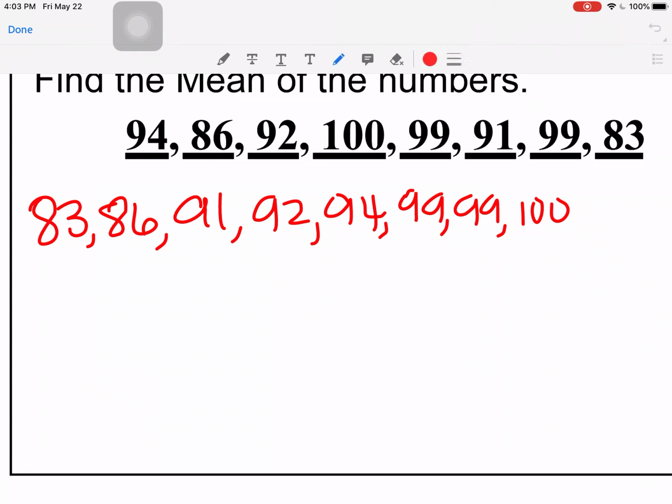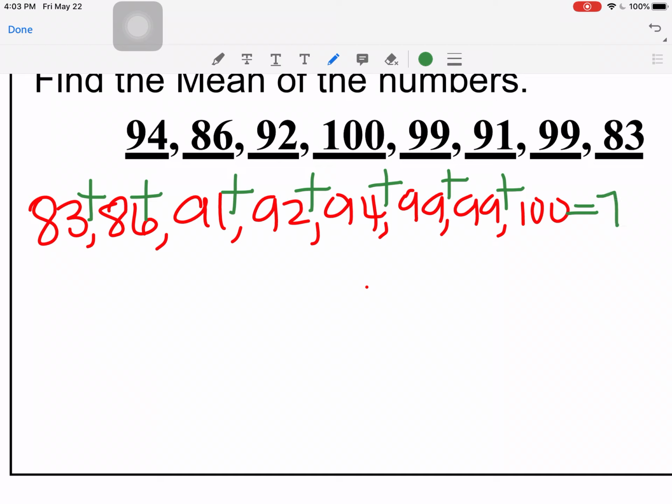All right, so then we're going to add all the numbers together. And when we add them all together we get 744. And then the next step is to divide by the number of values. So we count how many values we have in our data set.